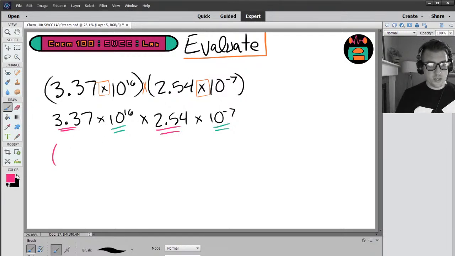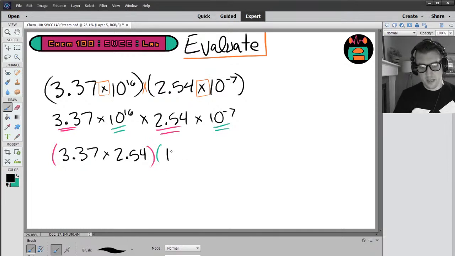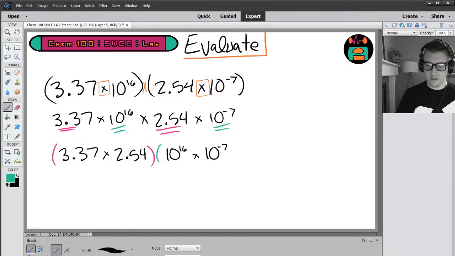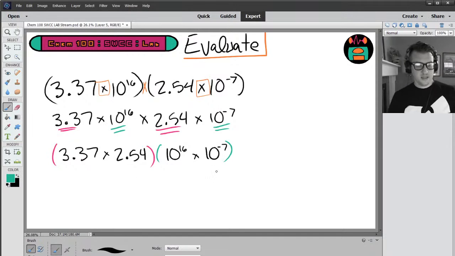So I'm going to do this in two steps. I'm going to evaluate 3.37 times 2.54, and then I'm going to multiply that by 10 to the 16th times 10 to the negative 7th. All right, so let's check it out.